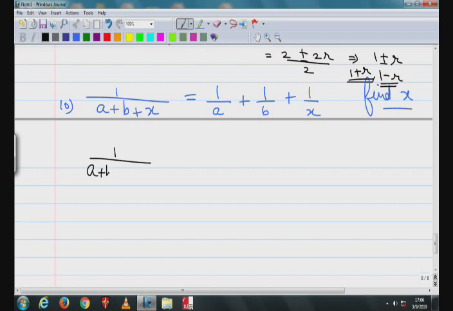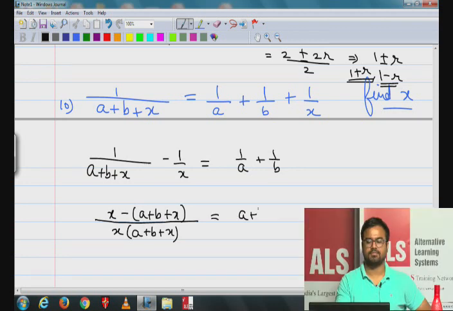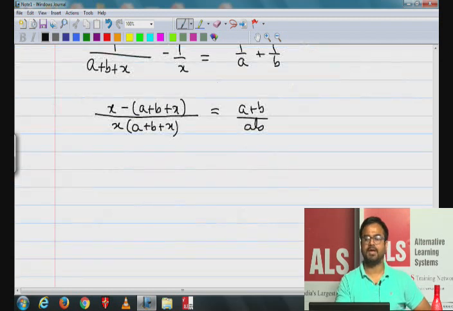You can do it like this. Now, in order to simplify the left hand side, we can take the LCM. Now, when we open the bracket, this x and x will get cancelled out, so we'll only get minus of a plus b.